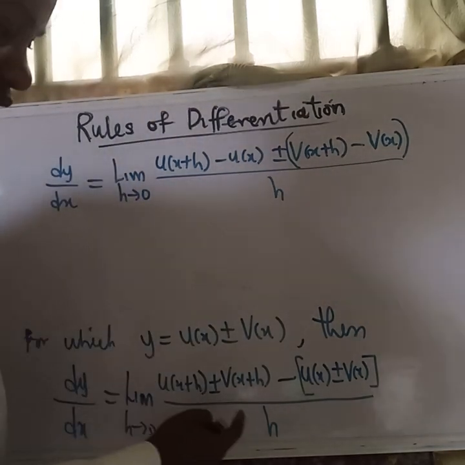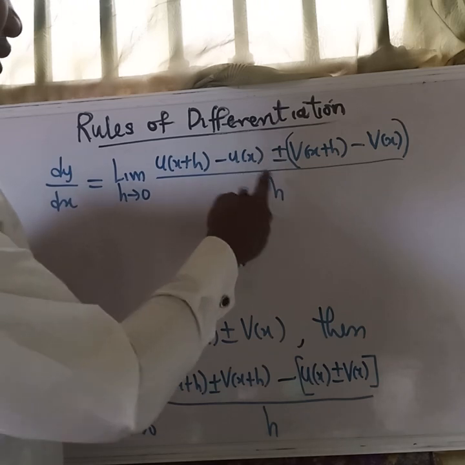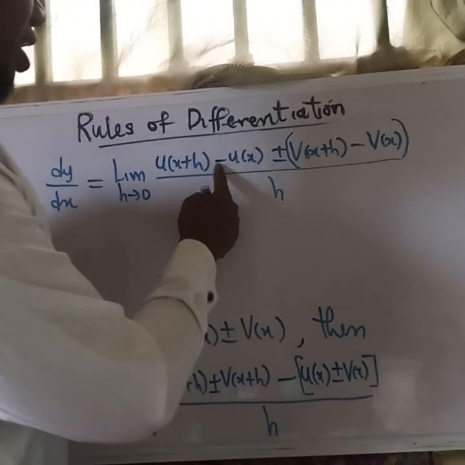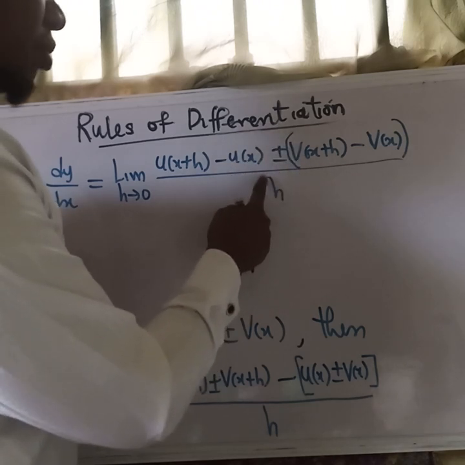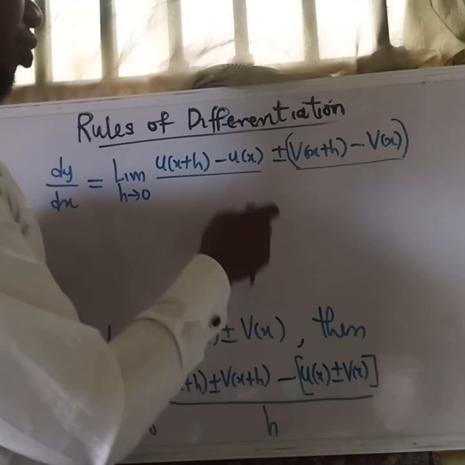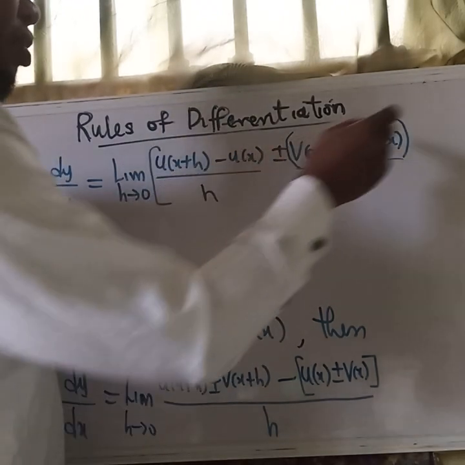Since both u and v share the same denominator, let's do this once and for all by distributing the denominator on them, and give this a bigger bracket.